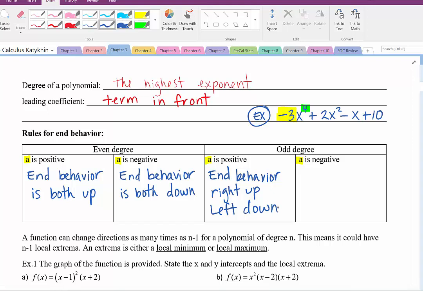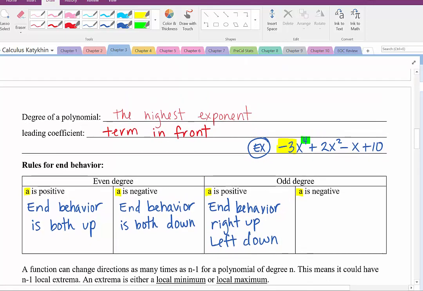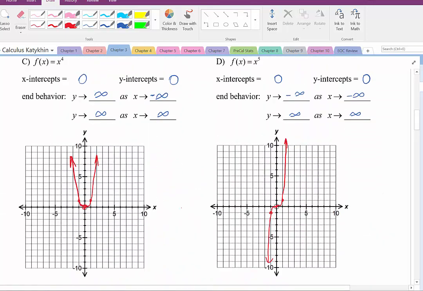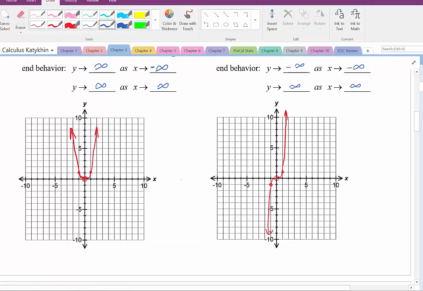This is very similar to the examples we have here.